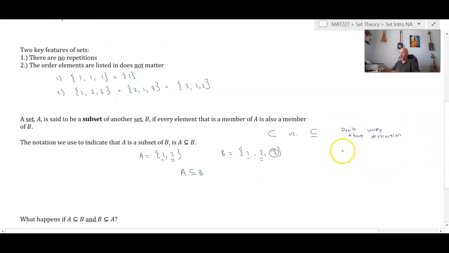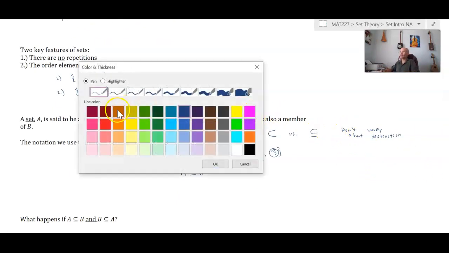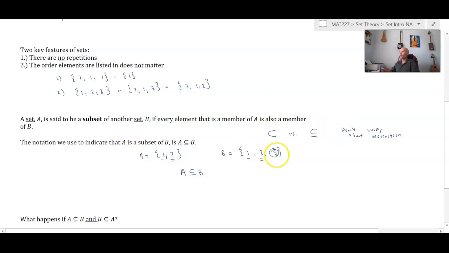Now, if I went the other way around, if I said, is B a subset of A? Well, if I look at all the elements in B, well, 1 is in B. It's also a member of A. 2 is in B. It's also a member of A. But 3 is a member of B. It's missing, right?